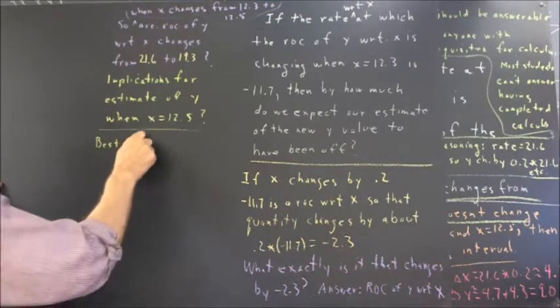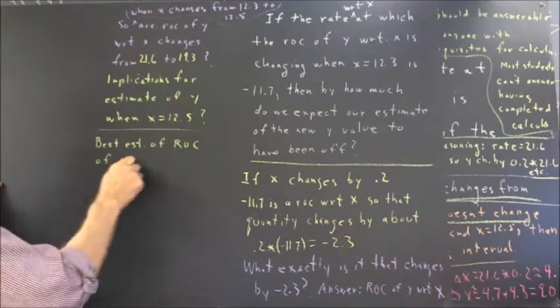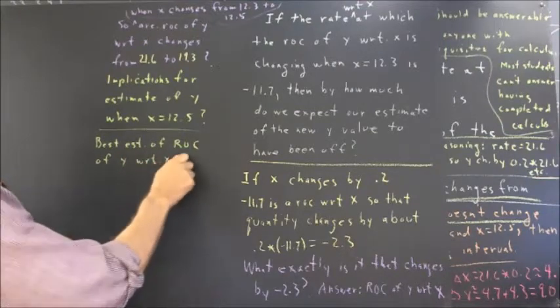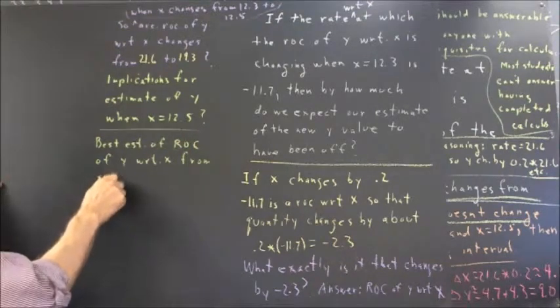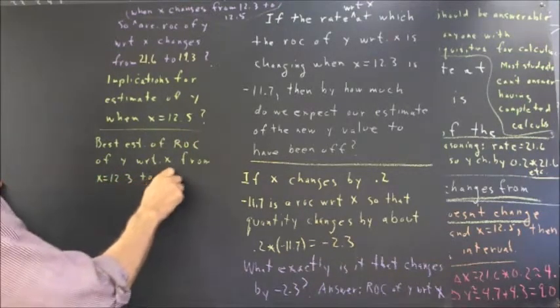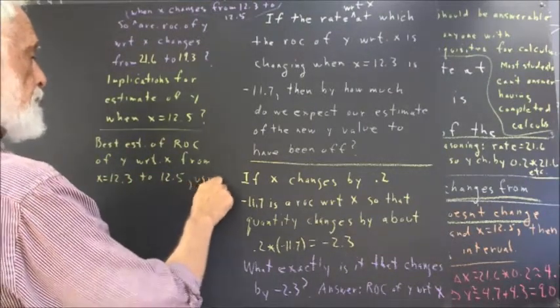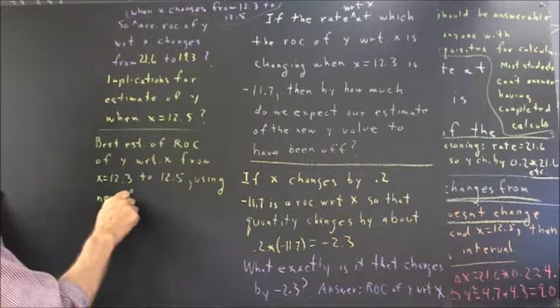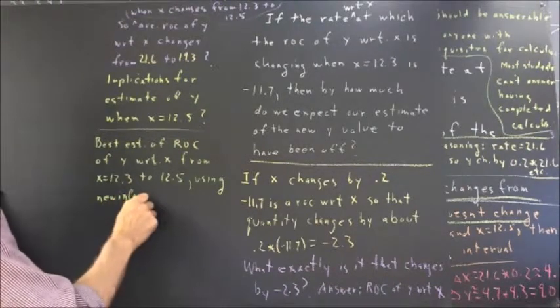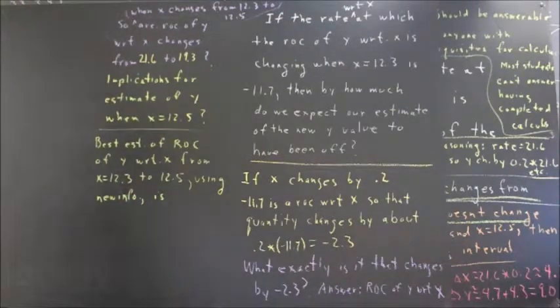The best estimate of the rate of change of y with respect to x from x equals 12.3 to 12.5 using our new information is what? What do you think our best estimate of the rate of change would be?